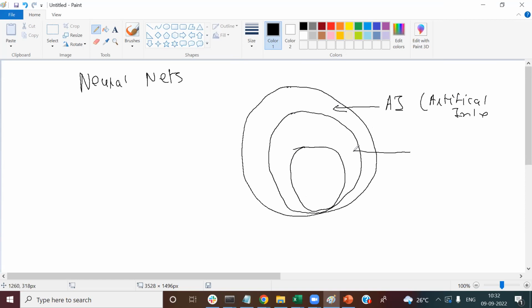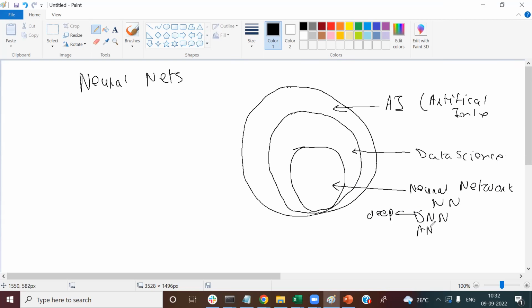The second circle, you can call it data science. This third one, you can call neural networks, NN, or you can also call it DNN. D stands for deep neural network. Some people also call it ANN, artificial neural network, where A stands for artificial. So whether you call it NN, DNN, or ANN, all these are fancy terms used for one and the same thing.